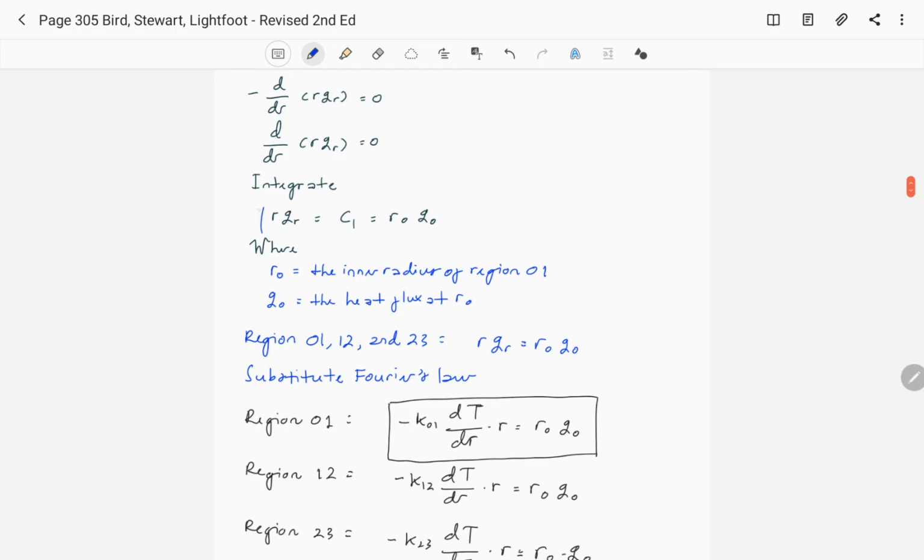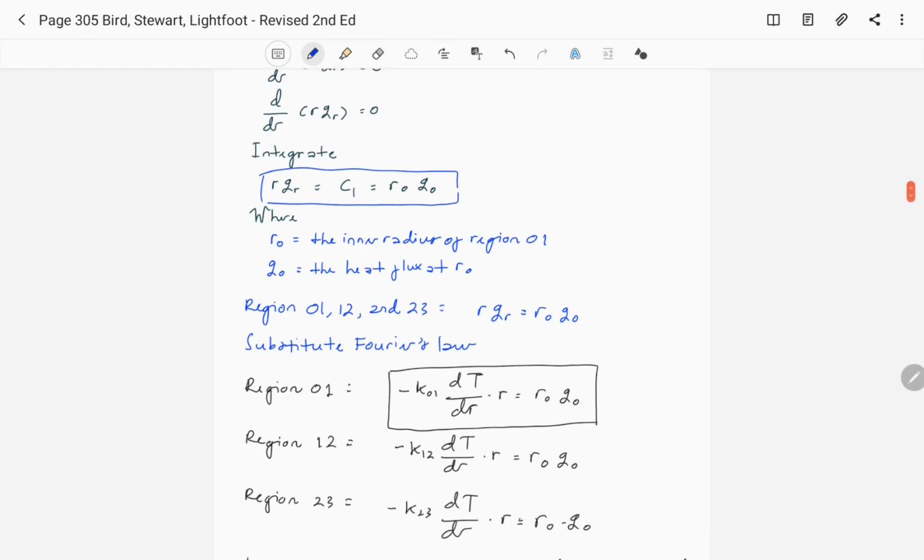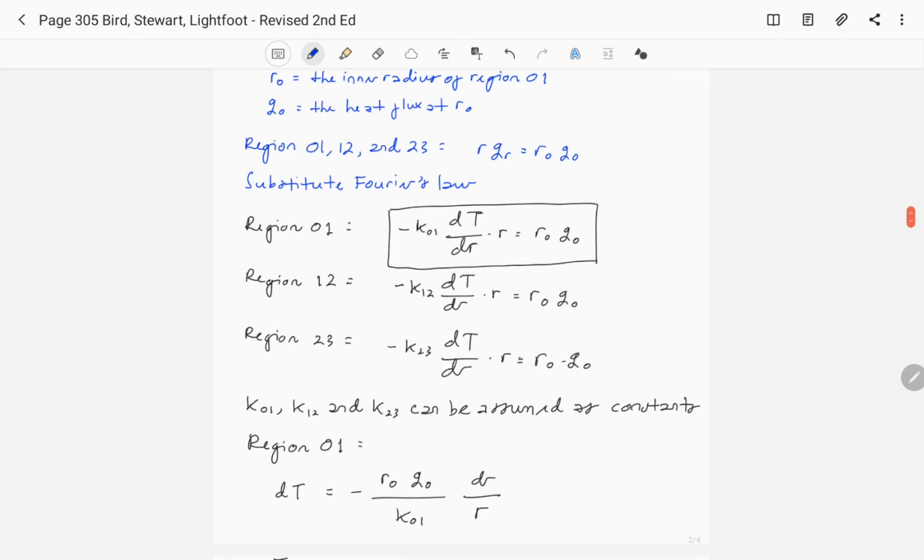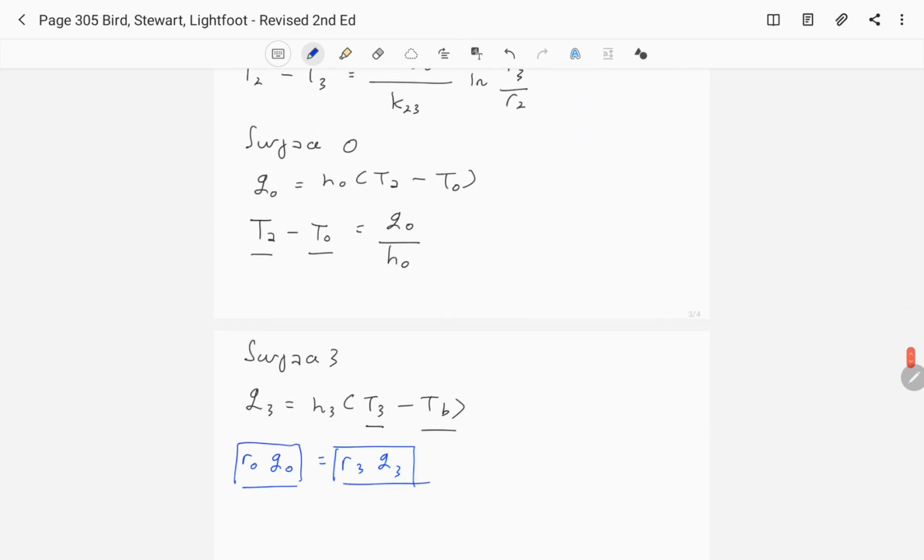So the product of your radius with your q_r is constant. That's very important that we know this.